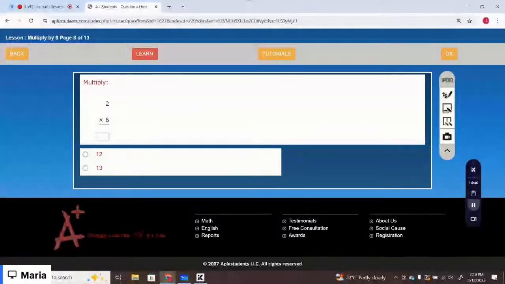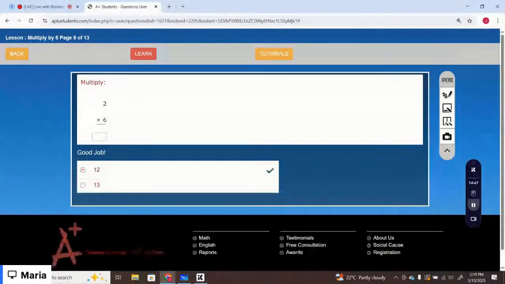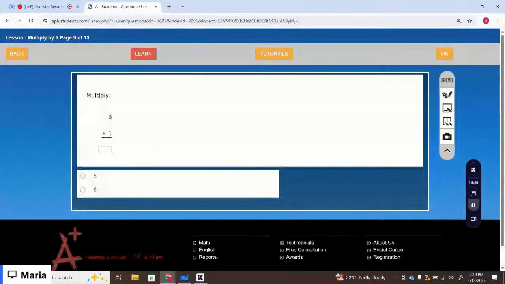Two times 6 is 12. Option number 1 is the correct option. Very good. 6 times 1.